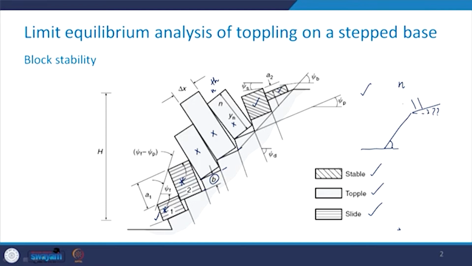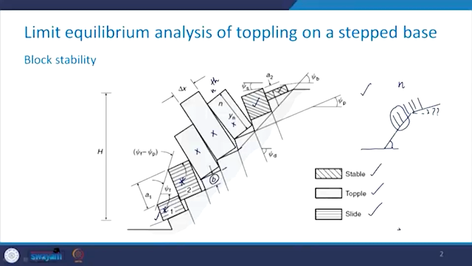It can be just at the crest, that is here, or it can be below the crest, which is like this. So depending upon where this nth block is located, accordingly you can obtain the block geometry as we have discussed in the previous class. Now here you can see that for the nth block we have taken the height of the block as yn.